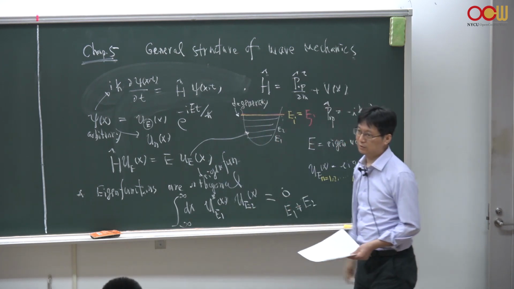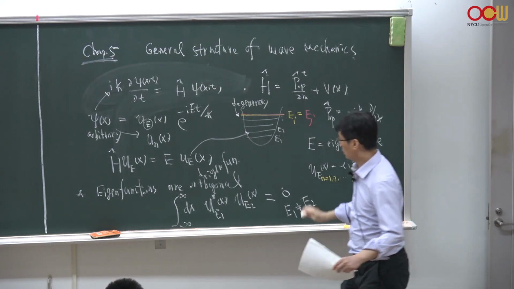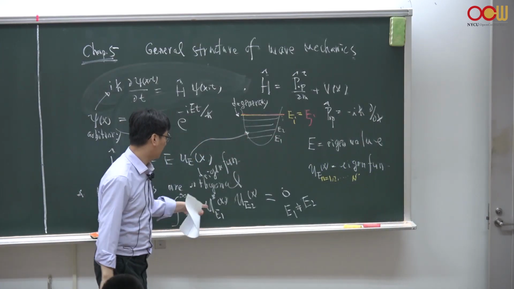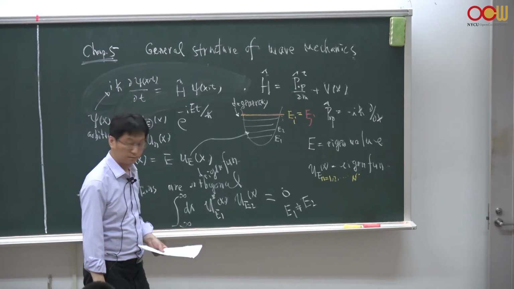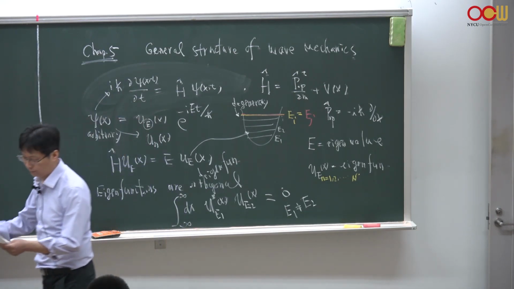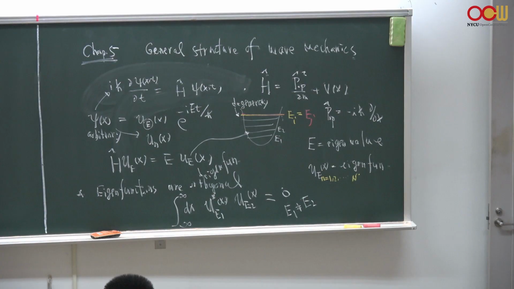We are not talking about degenerate states. For non-degenerate states, if you take the overlap integral between two different states, you will see that it must vanish. Okay, so let's take a short break. When we come back, I will summarize all the other important properties of the structure of a wave function that the Schrödinger equation is telling us.